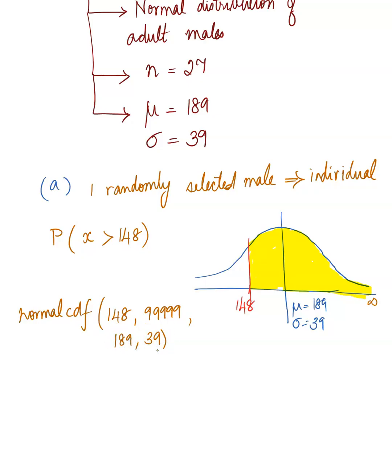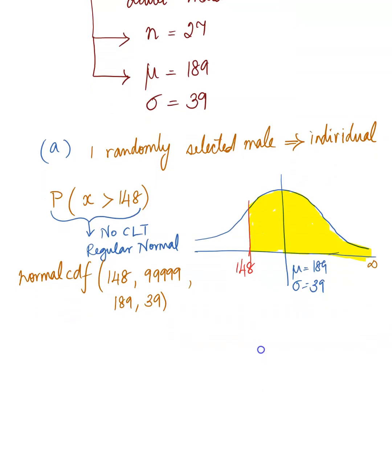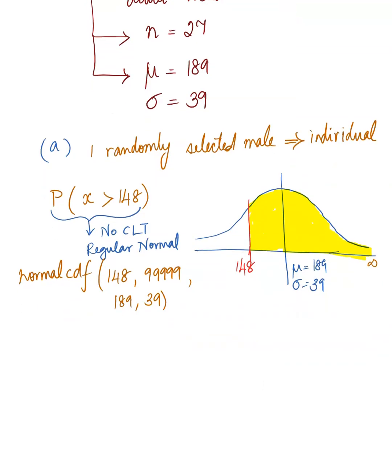We are not using CLT. Okay, so then let me just make that super clear here. So this is an individual, so no CLT, regular normal distribution. When I say regular normal distribution, we're simply keeping the mu and the sigma as it is. We don't do the sigma over root n. Now go ahead, punch these values in your calculator and see what you get.